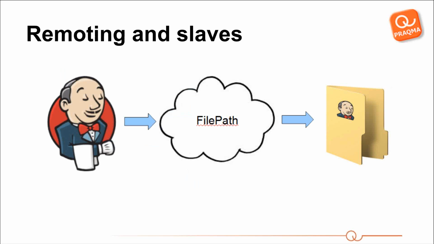You have to make absolutely sure that that happens, and that's also one of the things I'll briefly explain to you today on how to get that working. And the short explanation is that you can use the FilePath object to access the remote computer's file system in a plugin. But more on that later.